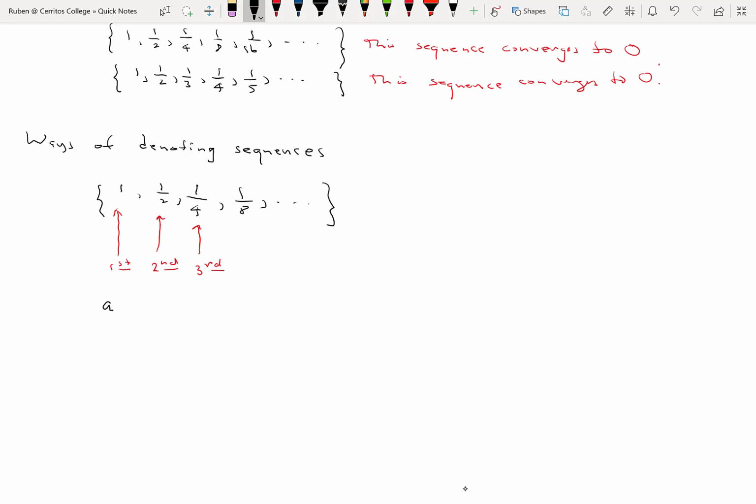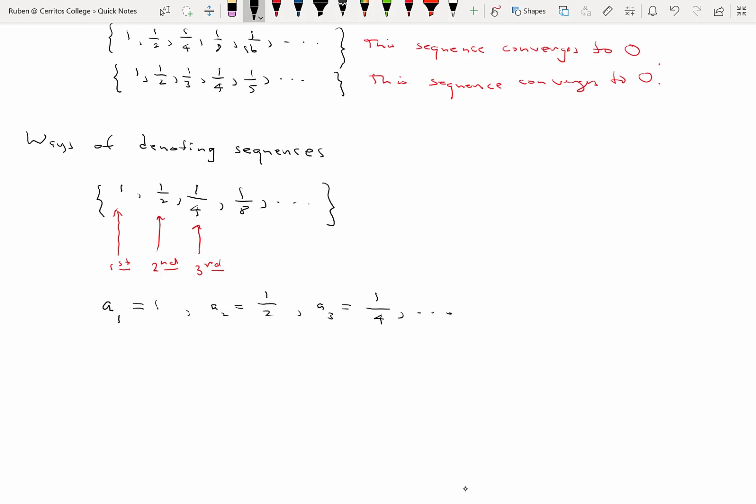So A sub 1, A sub the first term, is 1. A sub 2, the 2 in the subscript indicates that we're looking at the second term, is 1/2. A sub 3 is 1/4, etc., etc., etc.